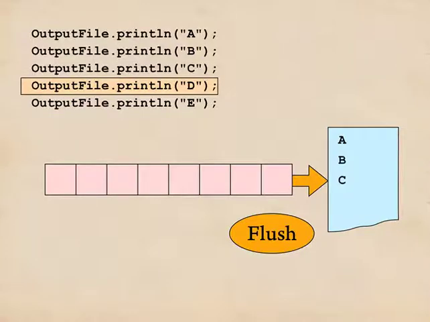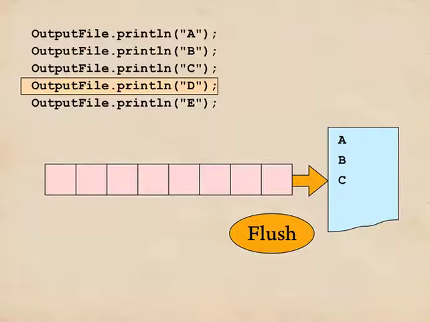Why do we do this crazy thing? Because writing to the file can actually take a little bit of time. So rather than write to the file every single time you write a line, it batches them up so that only when there's a bunch of stuff to get written, it all gets copied off at once.